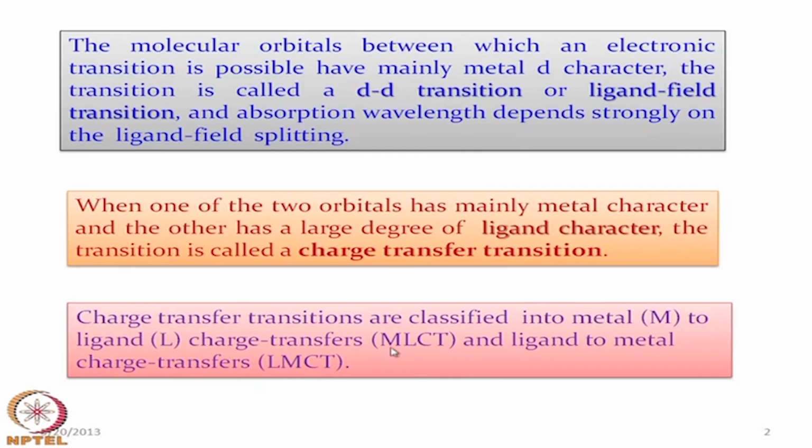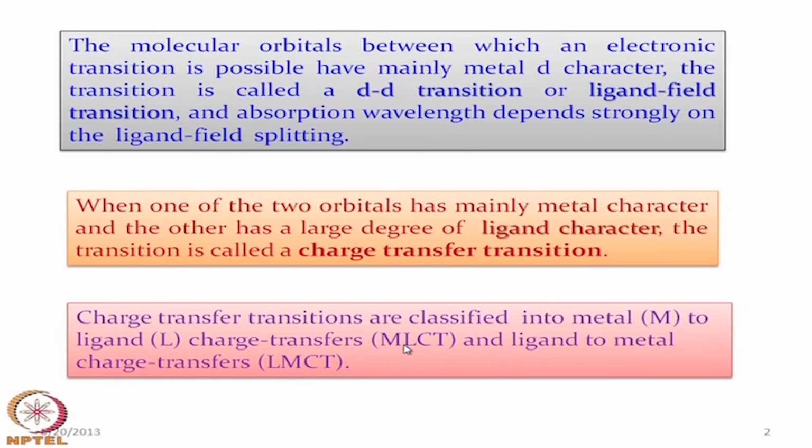So, in one case the electronic charge will move from a metal orbital, or the orbitals having more metal character, to the orbital having more ligand character, and in the other case we will have the transition from the orbitals which are dominated by ligand character to some other orbital which is of metal character, and will be known as ligand to metal charge transfer transitions.